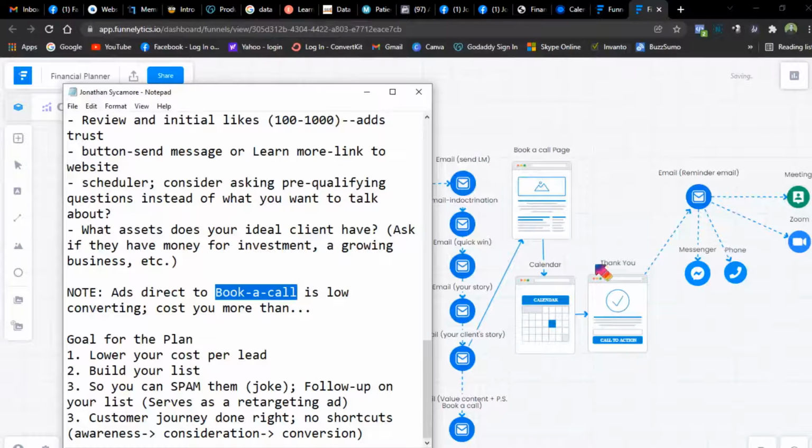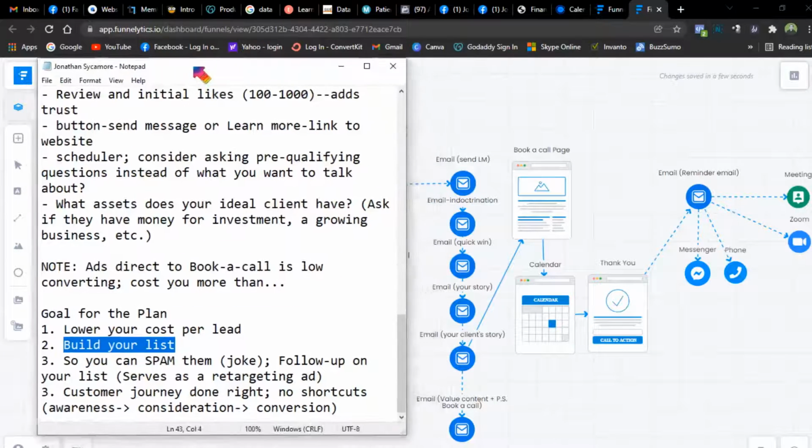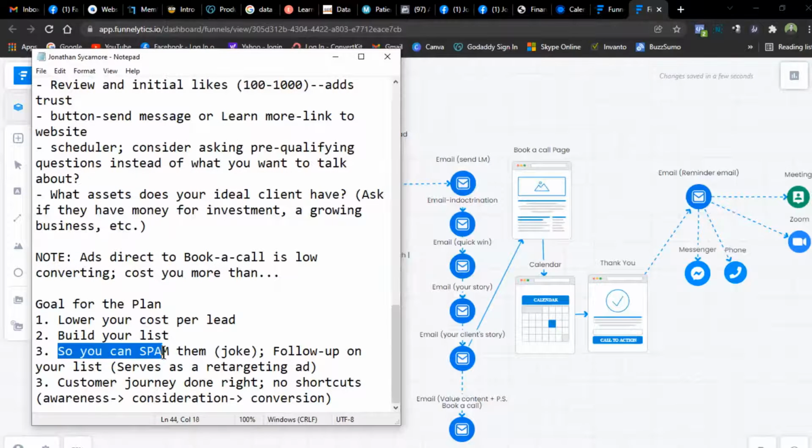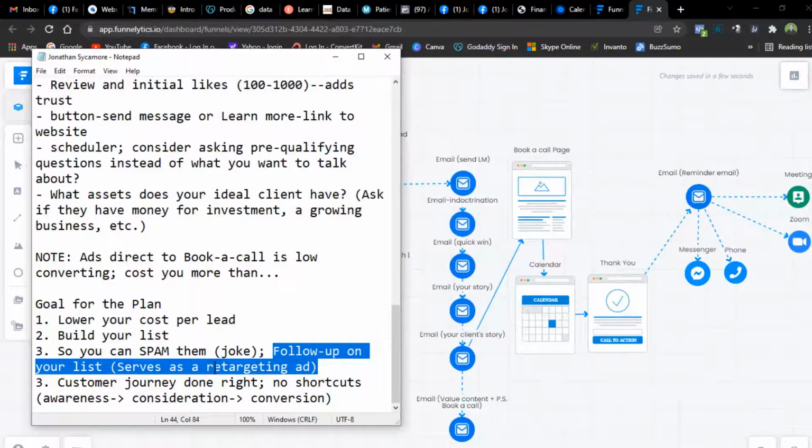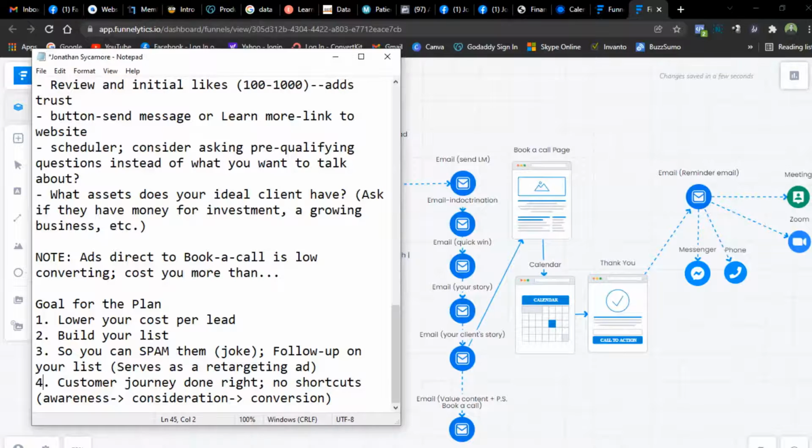Again, the goal for this particular strategy is to lower your cost per lead. And of course, number 2, build your list, so that you can spam them. Okay, that's a joke, but we just want to follow up on your list, because this will serve as your retargeting audience.